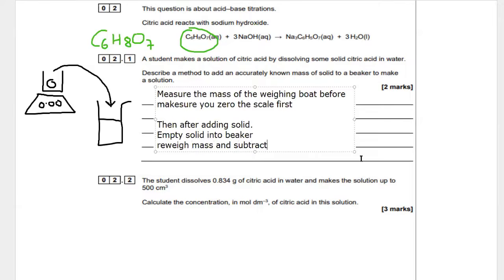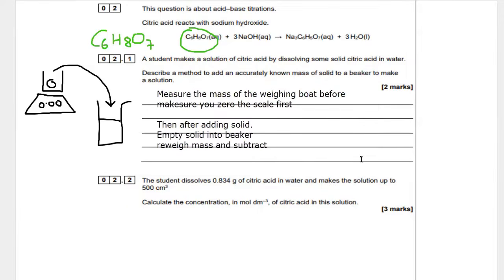Essentially you want to find out if there's any solid left. So you put it back on and you'll be able to see if there's any solid left. Okay, let's move on. I'm sure that was explained very badly, but that's probably the easiest question in the paper.